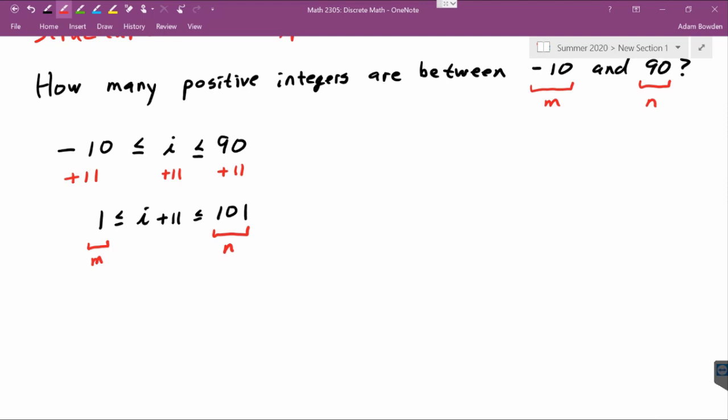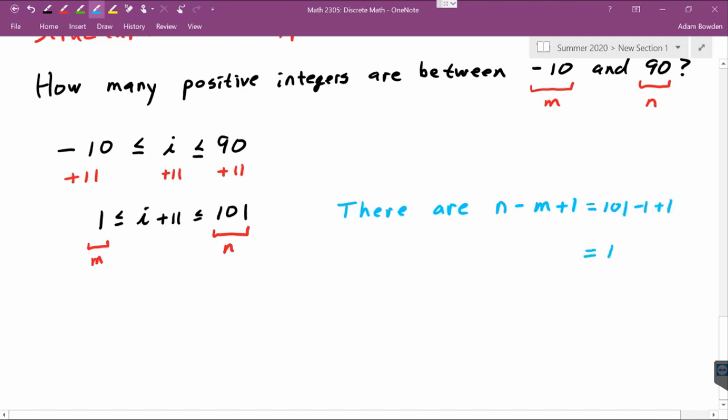So in this case, the situation still turns out to be pretty much the same as we had up above. There are, again, n minus m plus 1, which would be equal to 101 minus 1 plus 1, or just 101 integers between -10 and 90.